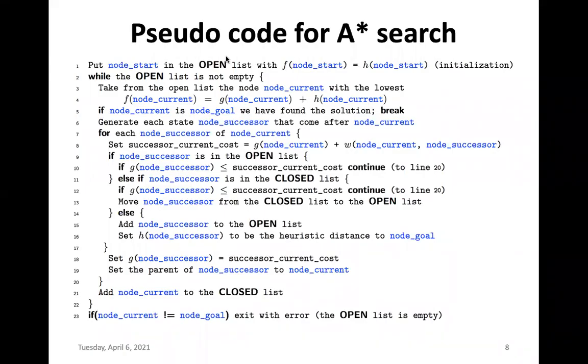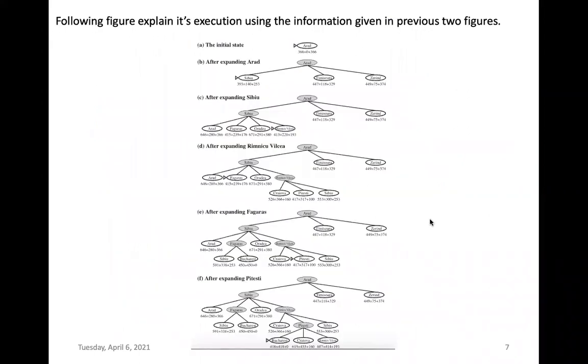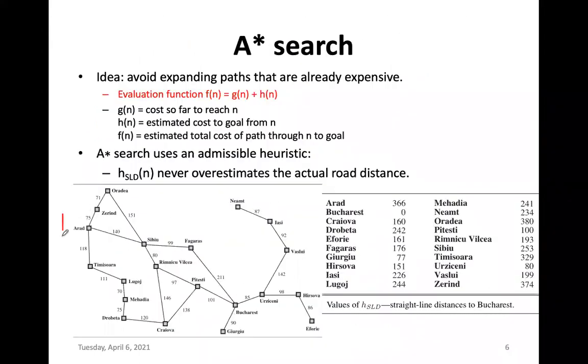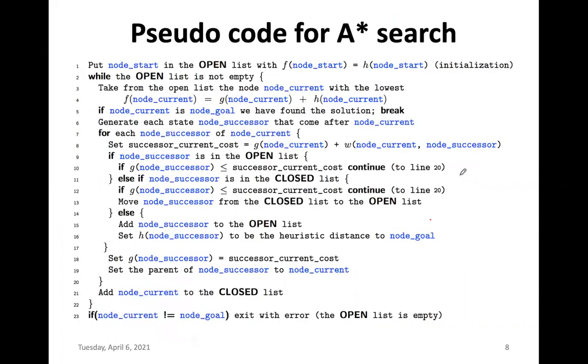Okay, so this is the pseudo code or the algorithm for A star search, and you have to keep the map of Romania and the SLD table in your mind, though I will visit this screen again and again during my processing.